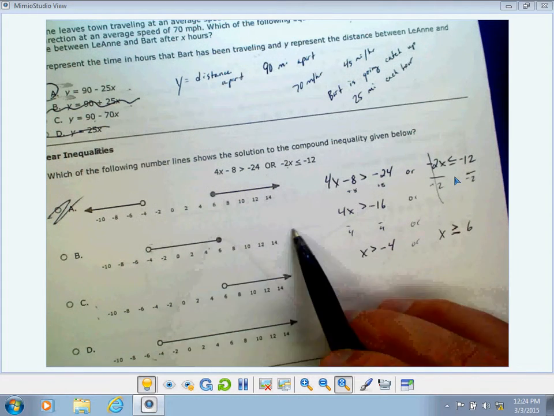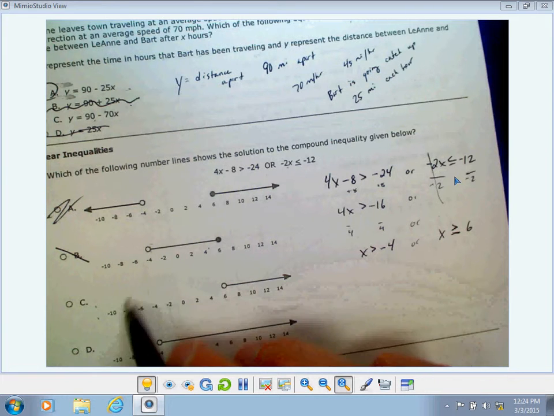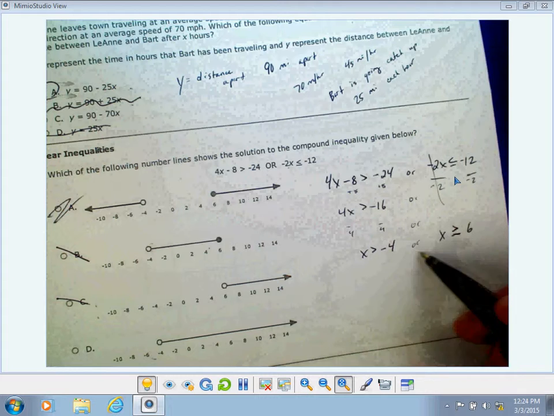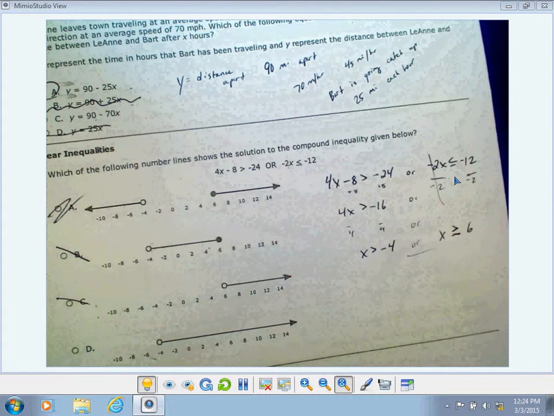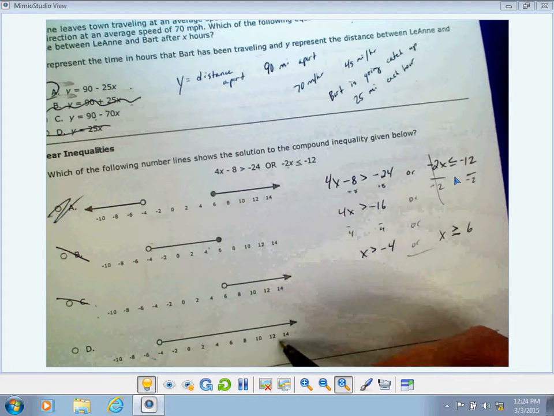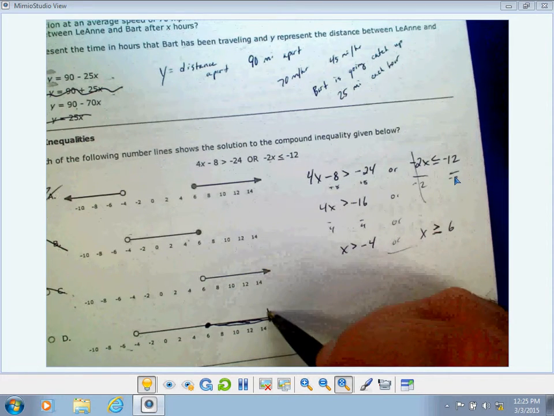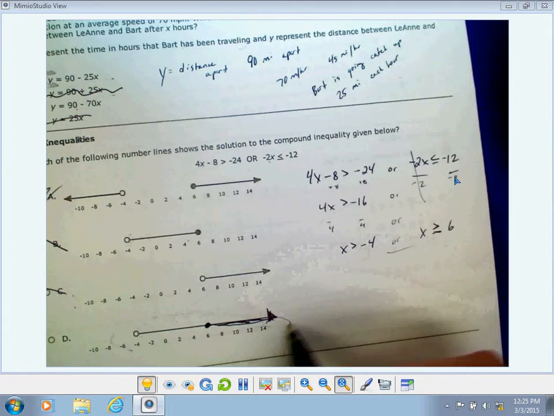This one doesn't shade to the right, so that's no good. This one leaves off the whole negative 4 part. That's no good. Since it's an OR problem, it can shade greater than negative 4 and over, or also negative 6 and over. It's including the part that we also shade in that whole picture. So it's D.